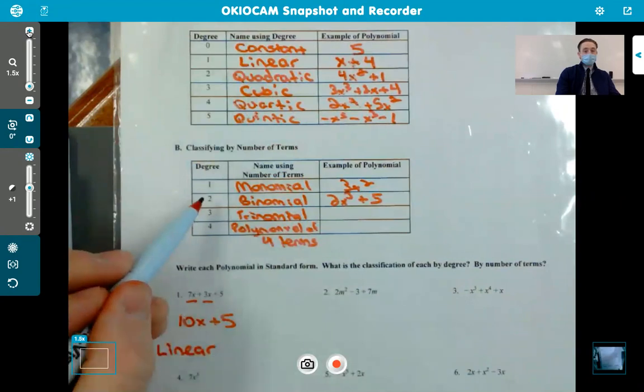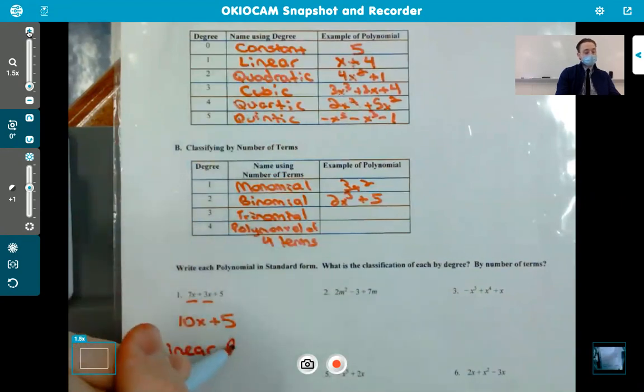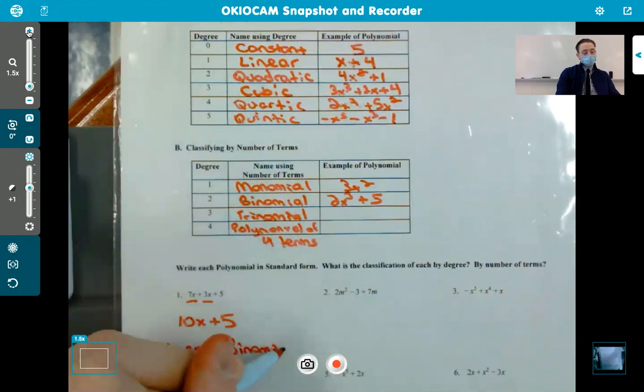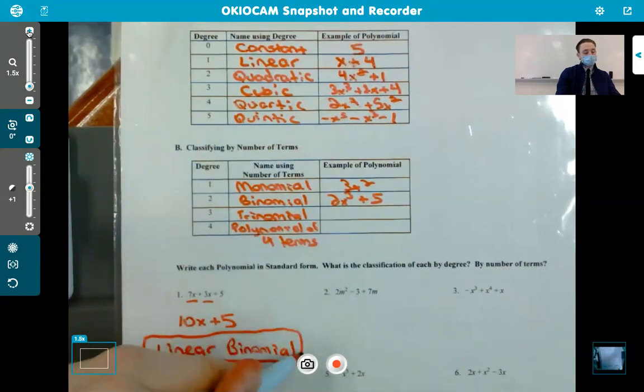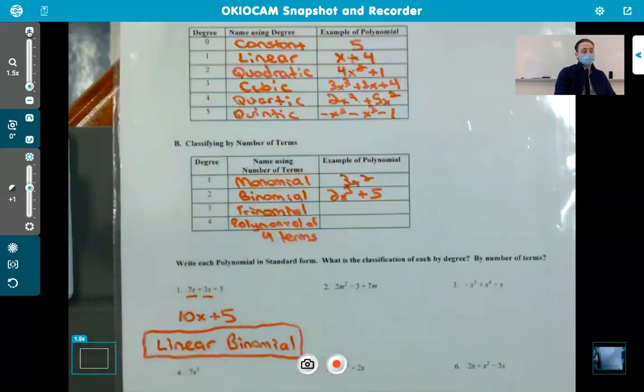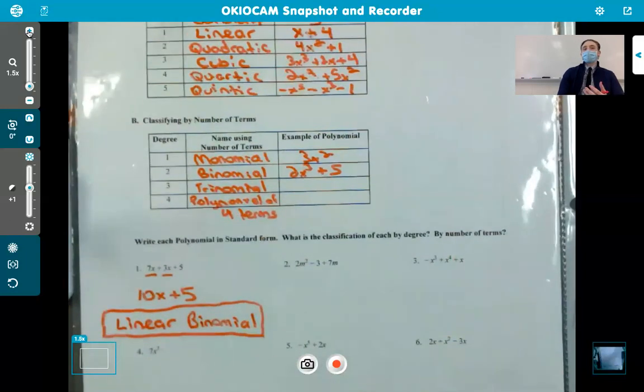Well, if it has 2 terms, then it is a linear binomial. And the reason this is effective is because if I can see a polynomial and look at that and then describe it in a certain way or classify it, I know it's going to be a line, but I also know that there's two terms, so it's going to be shifted in some way as well. So that's a reason why it's important to understand what we're dealing with for each of these polynomials.